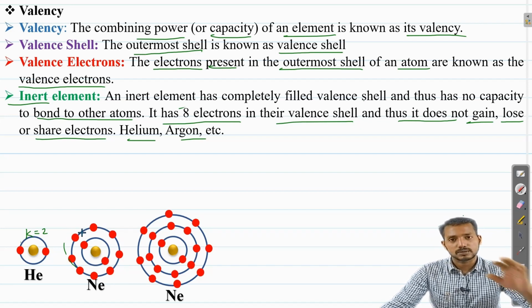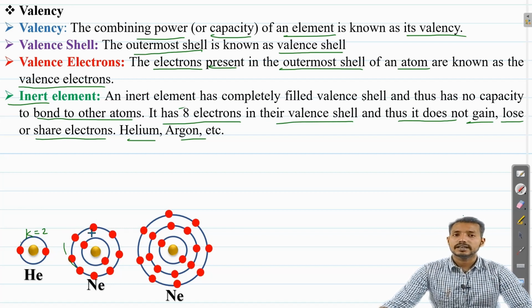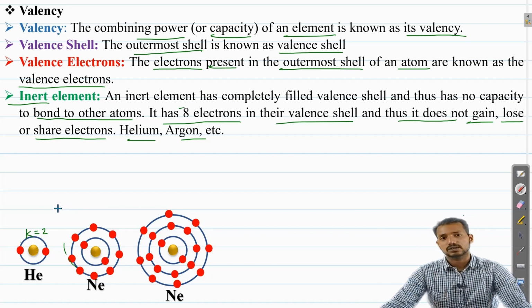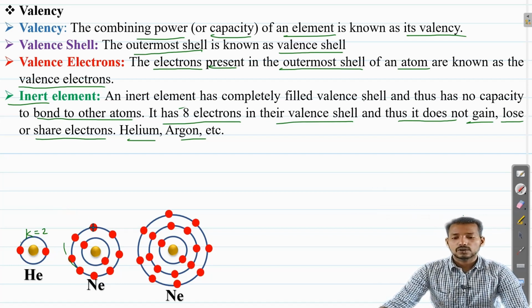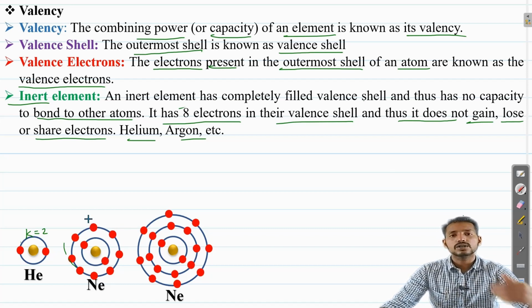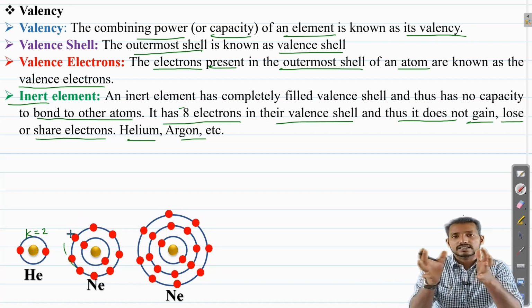According to the octet rule, the maximum is 8, so it is already filled. Now there is no chance of gaining an extra electron or making a bond with another atom by sharing or losing electrons. Neon cannot gain, because a maximum of 8 electrons is allowed, and it will not lose an electron either, because it is already completely filled and has acquired stability.